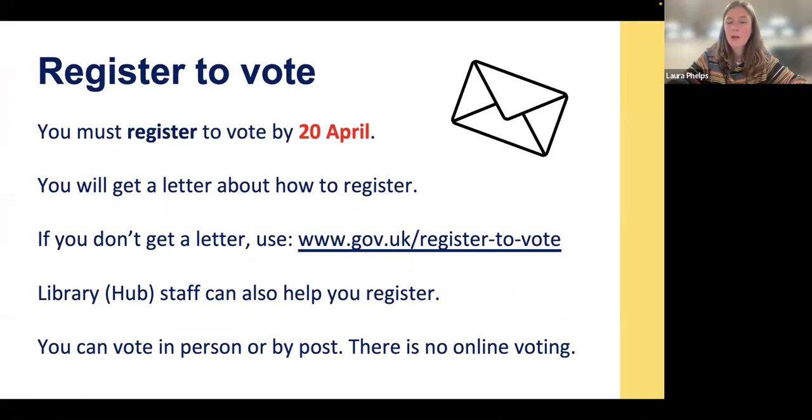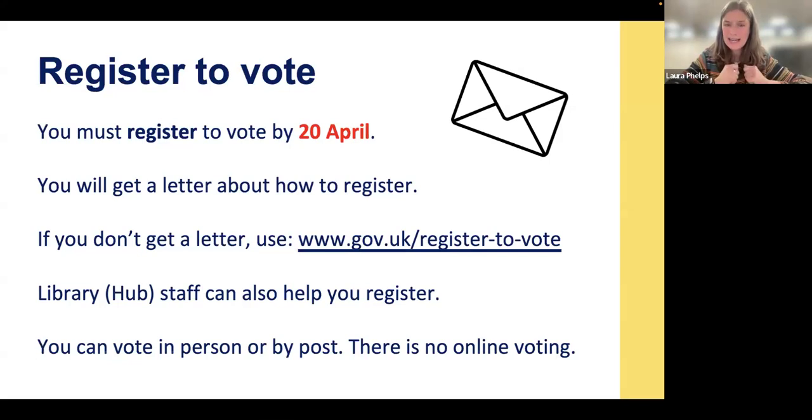If you try to use that website, but it's not clear or it doesn't work, you can also go to a library tomorrow. They're closed on Sunday, but you can go to a library and the hub staff will help you to register. Okay, so you've got 2 different ways that you can still do it. And on the day, on the 7th of May, you can vote in person. You can go there in person.